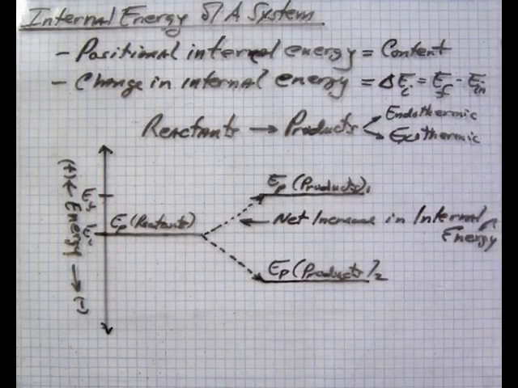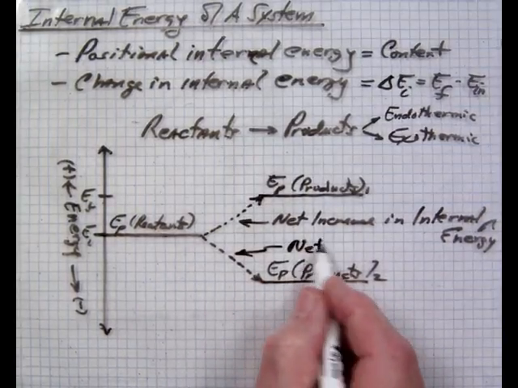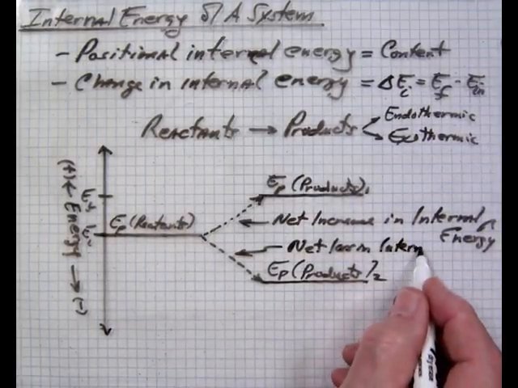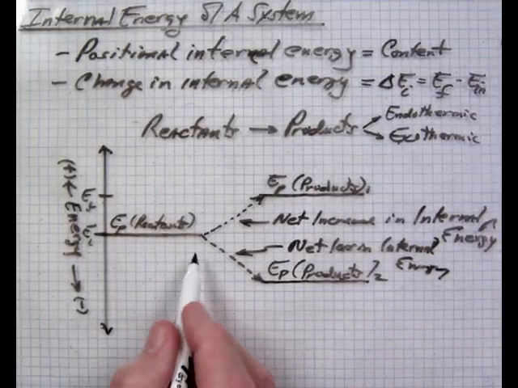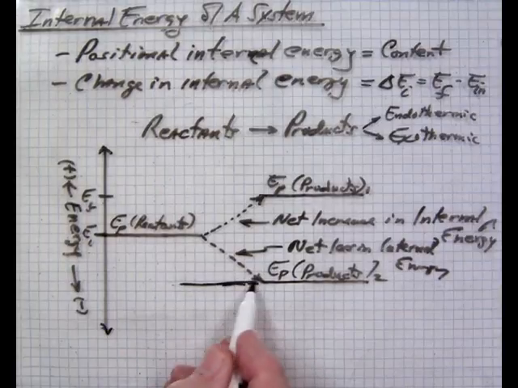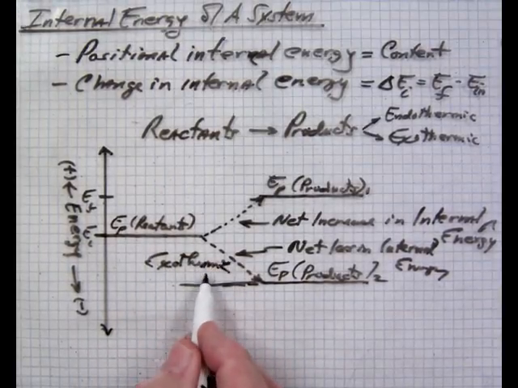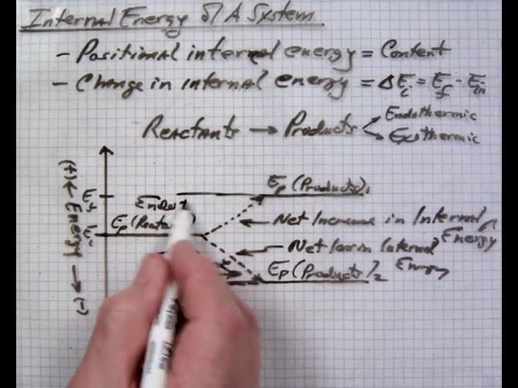Well, this would be a case of the product having a lower energy than the initial energy, and of course this is a net loss in internal energy. And so the loss in internal energy is exothermic, and the gain of internal energy is endothermic.